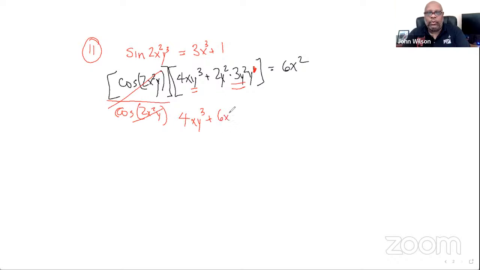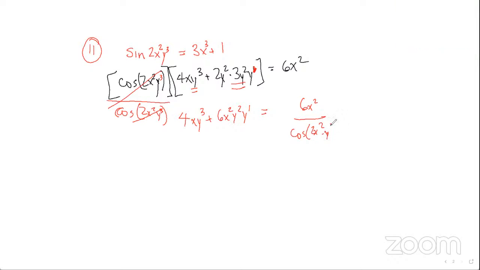It's 6x squared, y prime. And that's equal to 6x squared divided by the cosine of 2x squared y cubed. See, this should be y cubed here. That's maybe what was bothering Mariah. Yeah, that's what I was referring to. Thank you. Because I went over here and told you how I did this, right? But I didn't put the y cubed in.